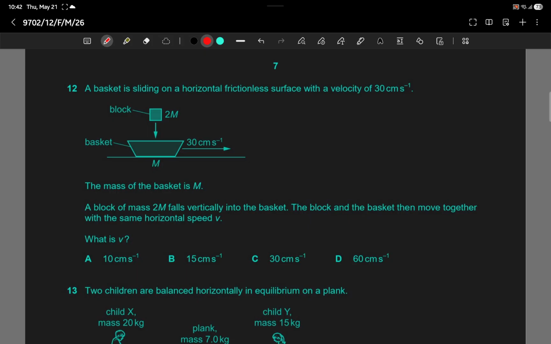The block and the basket move together with the same horizontal velocity v. So there is horizontal momentum, but when it collides, this one is vertical momentum.